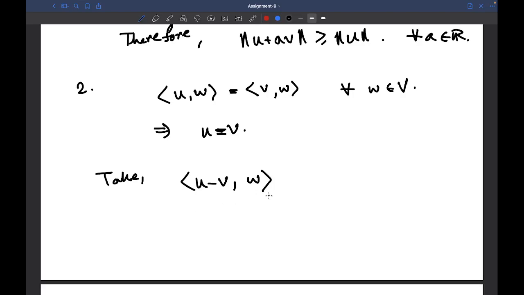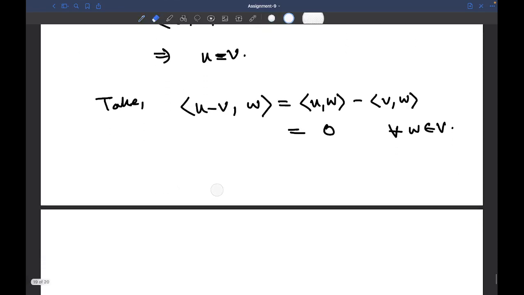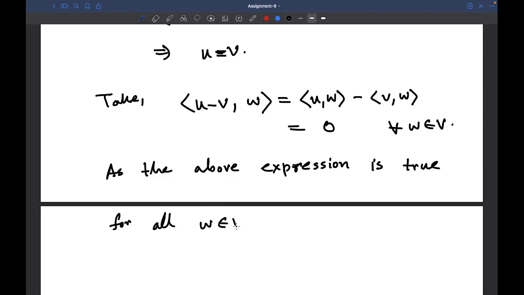What it will be? It will be U inner product with W minus V inner product with W. And these two are the same, so this is 0, right? So this is true for all W in the space.